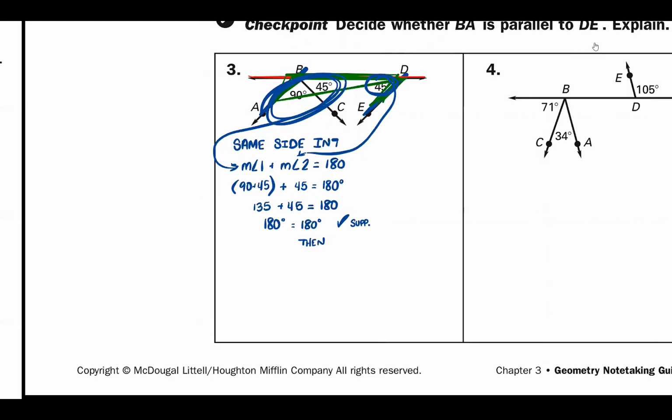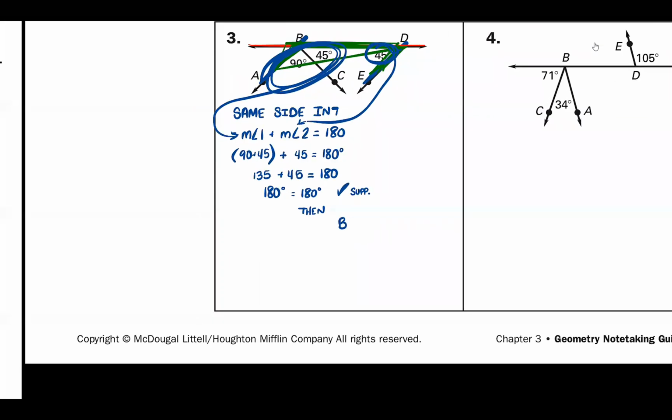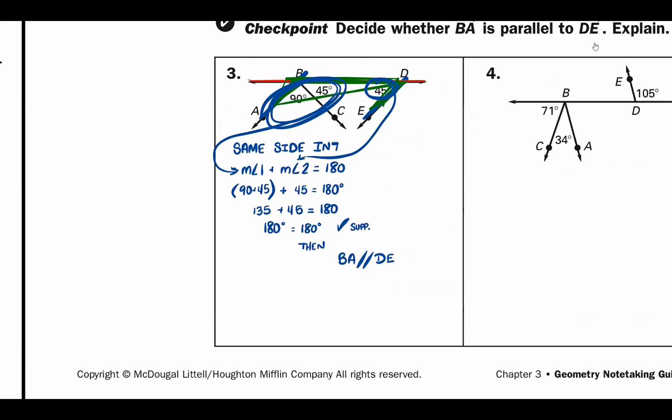BA is what? Parallel to DE. So because they are supplementary, we can conclude BA is parallel to DE. Such a good question.